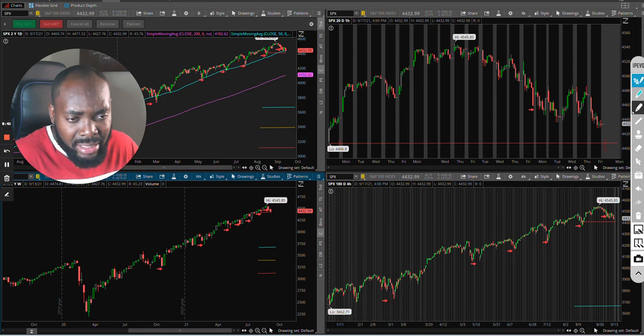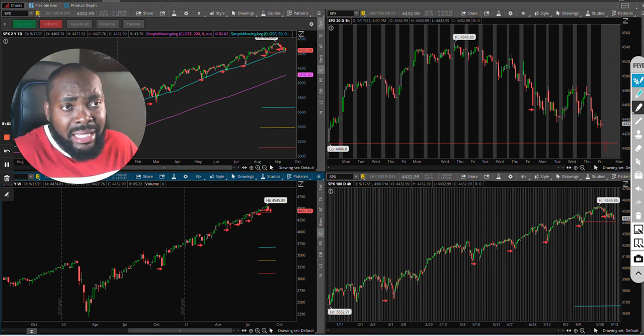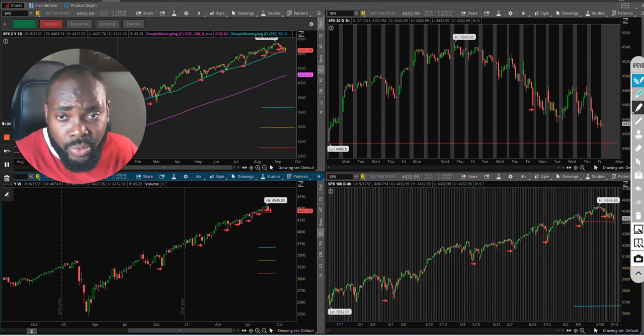That's where I'm watching to see what price does. Last time price came down into these levels, we had a lot of buyers around this level, but a break of the trend can mean that the market will look to pull back down to its 200 SMA, or simple moving average, and then from that point we will know a little bit more in terms of the direction of where things are going to go.